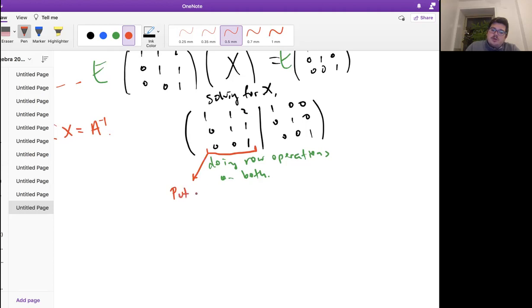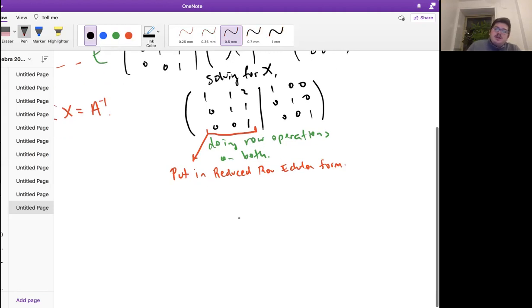Yeah, I can do row 2 minus row 3, and I can also do row 1 minus 2 row 3. So row 2 to row 2 minus row 3, and row 3 to row 3 minus 2 row 1.